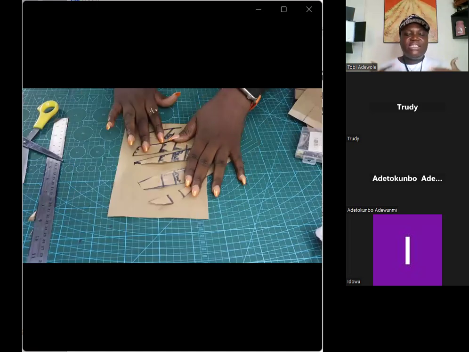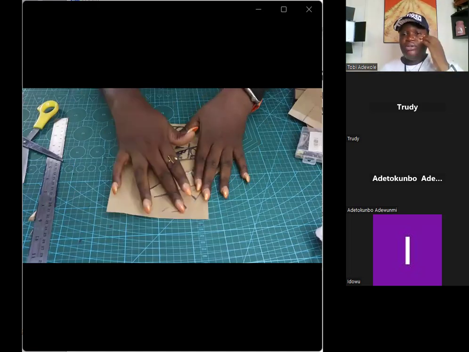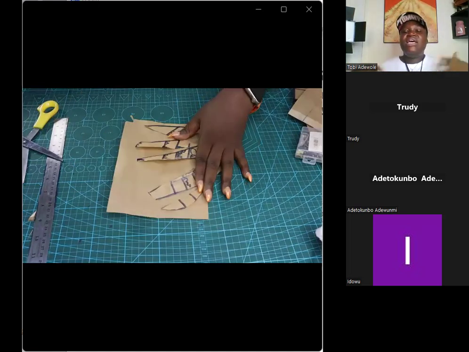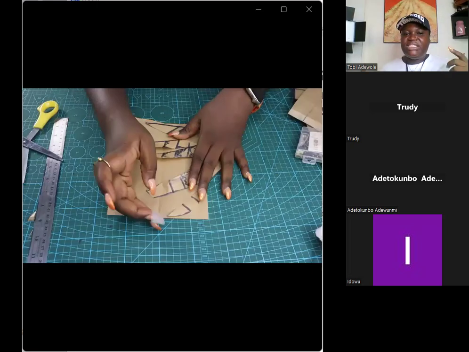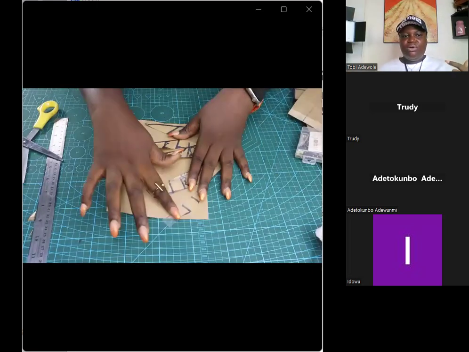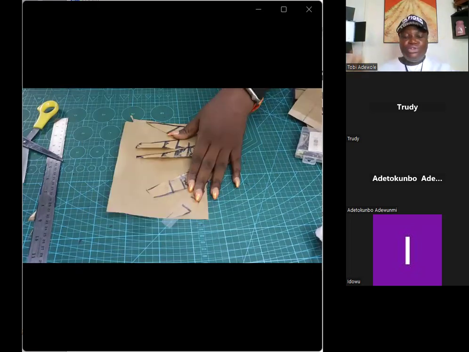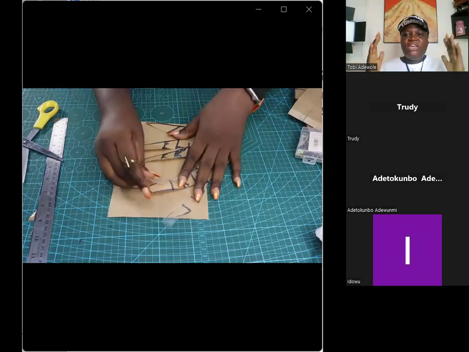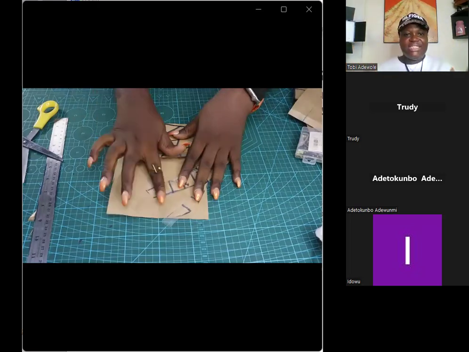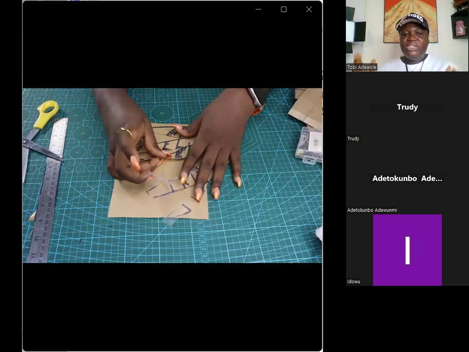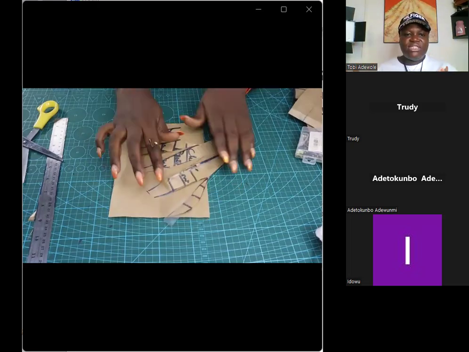So after calculating your waist difference on your basic block pattern, let me use Tosin's measurement. If our natural waist difference is 6 centimeters, she would work with 6 centimeters.